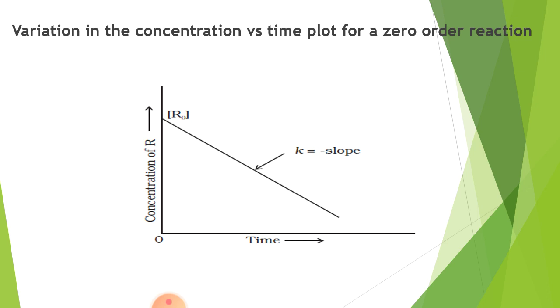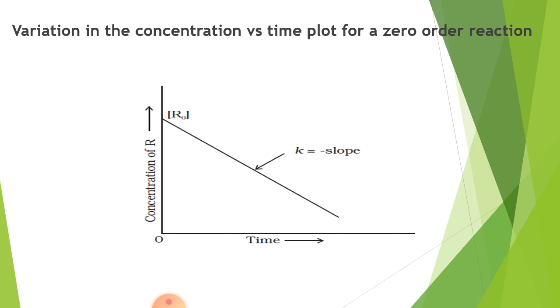Now if we plot a graph between the concentration, that is final concentration, and time, this will follow a straight line equation, that is y equal to mx plus c. So we plot a graph between the concentration of R and time t, and we get a negative slope, and it also has intercept R0. So the graph shows the variation in concentration versus time plot for zero order reactions.